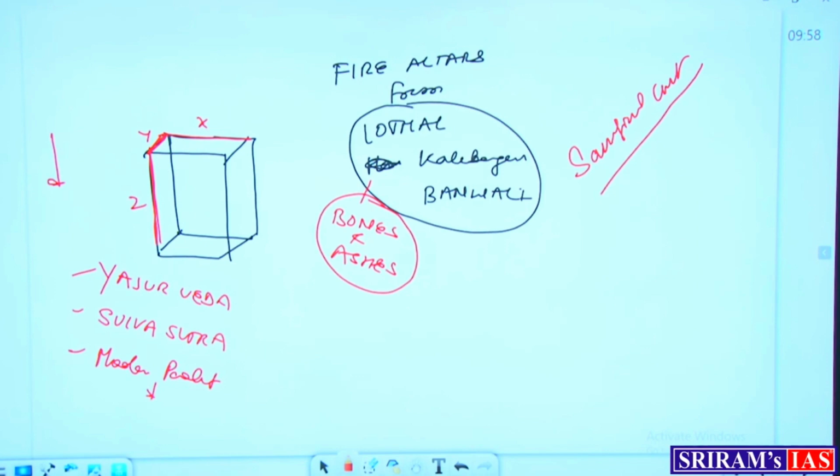We found the same ratio in Yajurveda and Sulba Sutra. Sulba Sutra is a book of geometry.